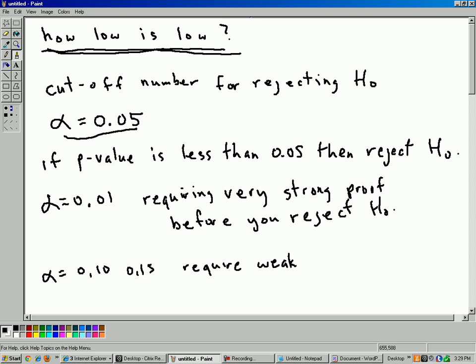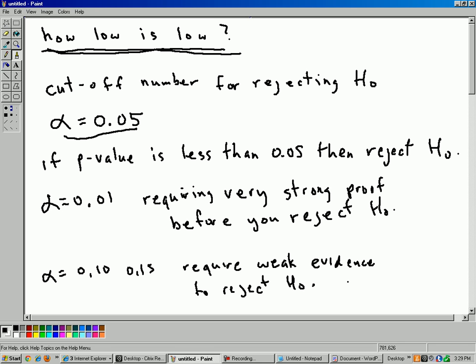If you take a sample and it's somewhat close to the null hypothesis, but far enough away that your p-value is like 0.13 or something, you could say there's weak evidence for rejecting the null, and if you require only weak evidence to reject the null, then you raise your alpha.